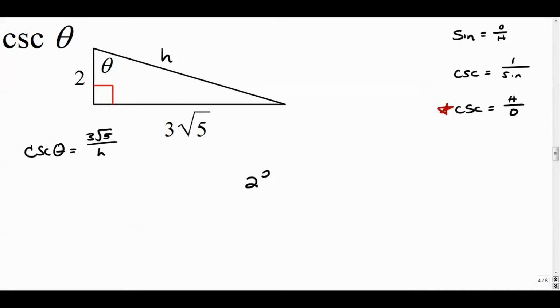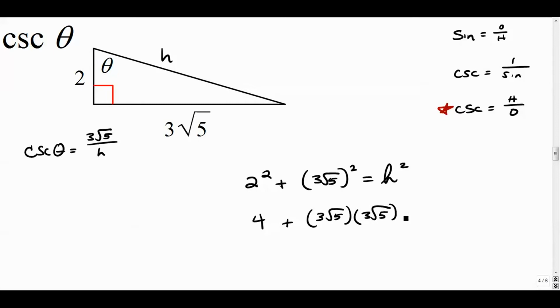So let's find h. 2 squared plus 3 root 5 squared equals h squared. So this is 4 plus 3 root 5 times 3 root 5. All you do here is multiply 3 times 3 to get 9. Radical 5 times radical 5 is just 5, so this is 45.